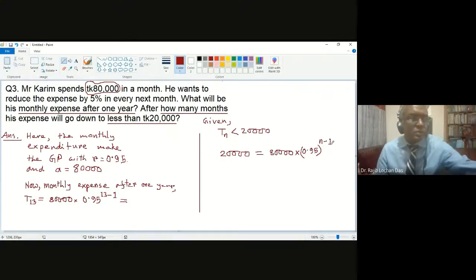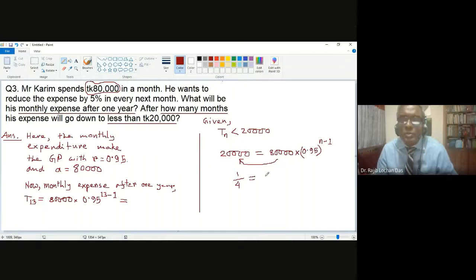So now the question will come: how can you find n? You can divide 20,000 by 80,000. It is possible. You can divide this. So it will be 1 by 4. No problem. And if you do not know 0.95 to the power what, then how can you find it? You do not know 0.95 to the power what, then it is a problem, right? So in that case, n minus 1 is the power.